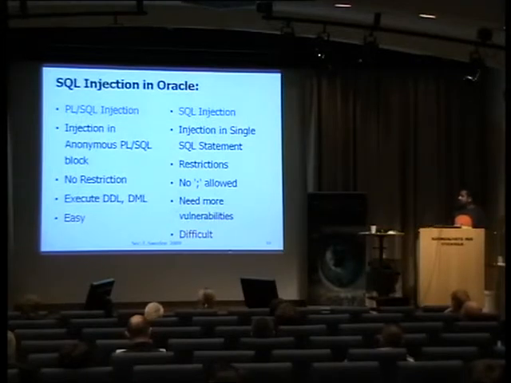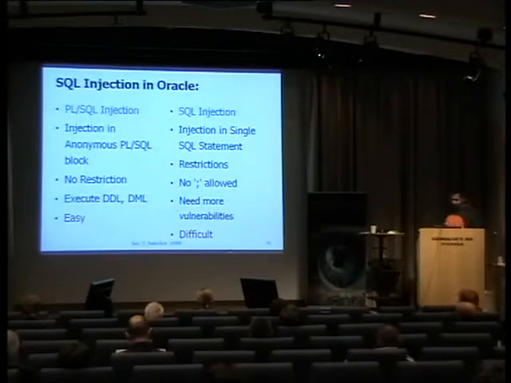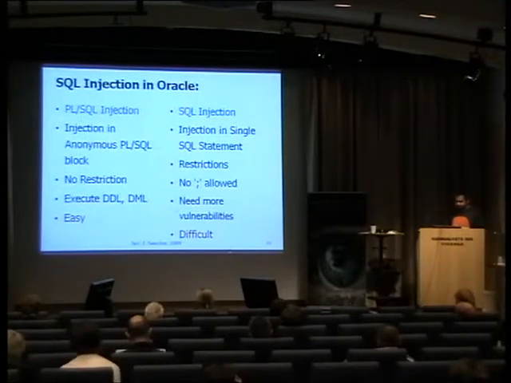If you find an injection in an anonymous PL/SQL block, then the attack has no restrictions. You could execute DML and DDL statements. You can terminate the original query, use a semicolon, and then start a new query, just like in MS-SQL server. However, if your injection point is in a single SQL statement, like a select query, then you have certain restrictions.